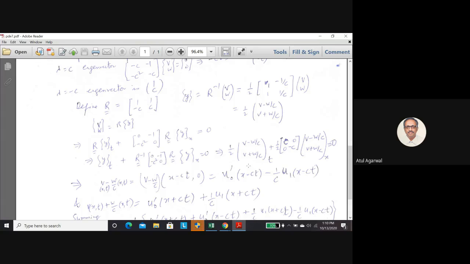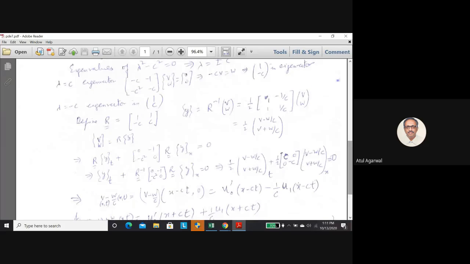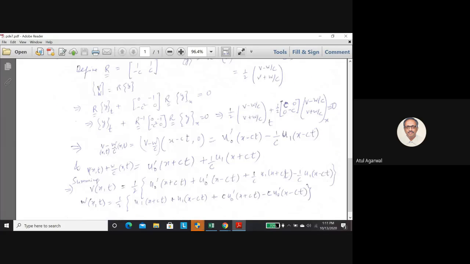So this becomes u naught prime of x minus ct minus 1 by c. And what is the value of w at x minus ct? At time t is equal to 0, it was u1. So here we have written v(x, 0) is u naught prime, w(x, 0) is u1(x). So we are using those initial conditions to find the solution at position x and time t.